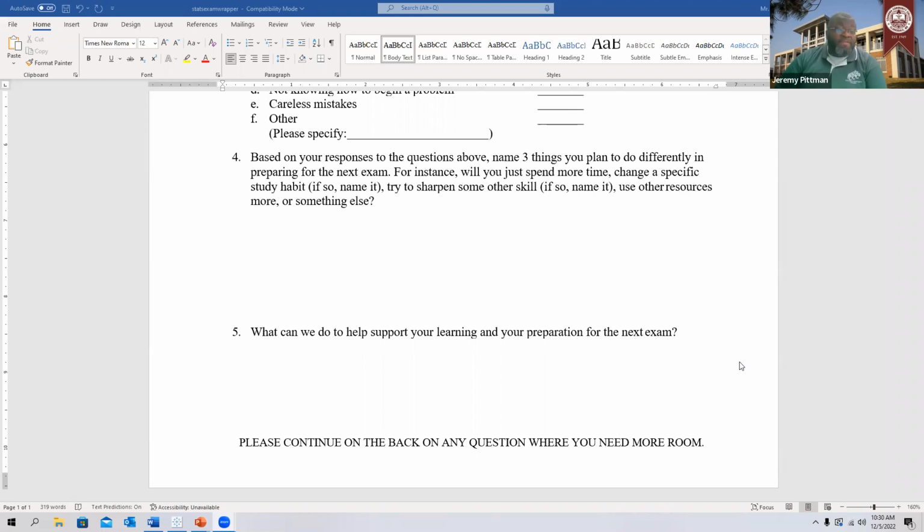And then number 5, and students swear we don't read things, but I tell my students number 5 is very, very important. It's to kind of give me some information about what I can do to help them and support them in preparation for their next test. Sometimes that might mean needing to have a study session. That might mean me needing to provide ancillary materials such as Khan Academy.